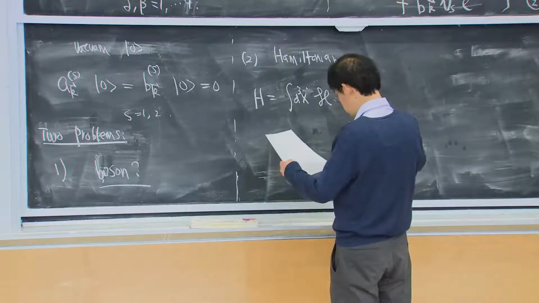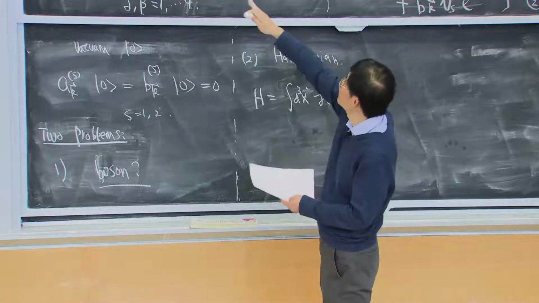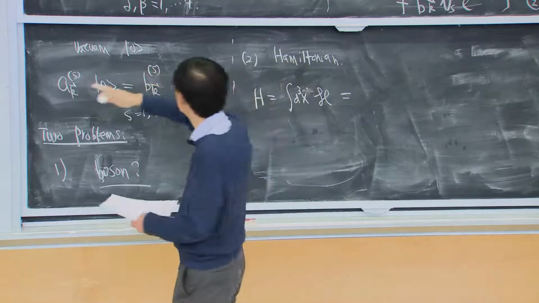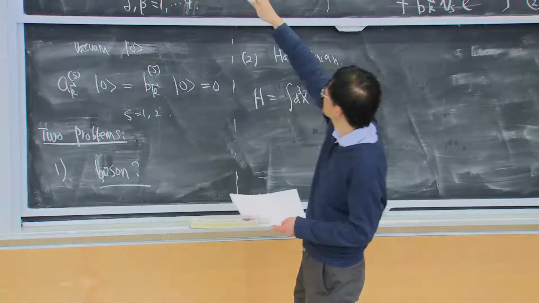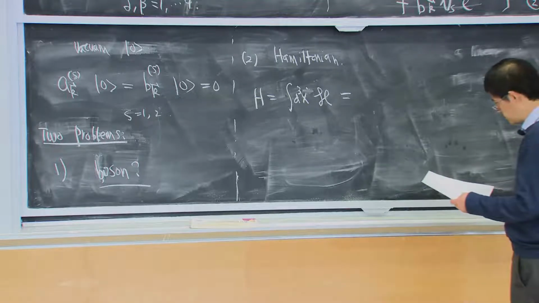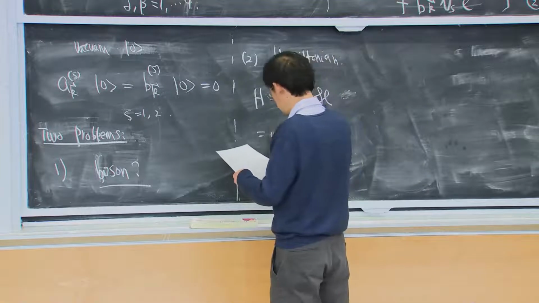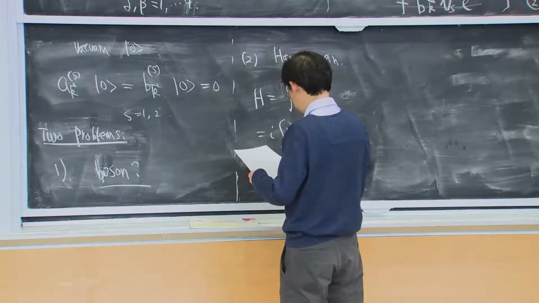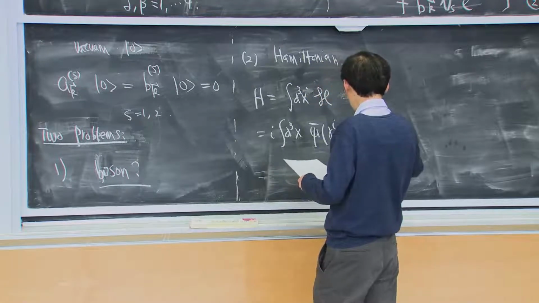You can plug that expression in: H equals the integral i d^3x psi bar gamma^i partial_i minus m psi.